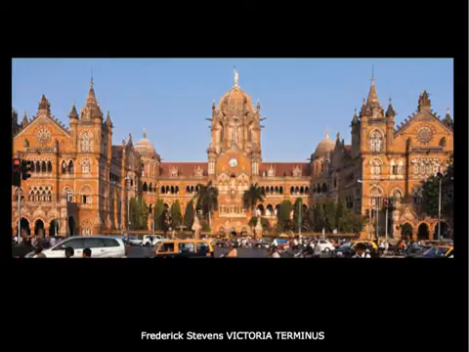Now, originally, there was an image of the Queen up on top, and that's been replaced. But they also had statues, I think these statues are still here, that represent progress, commerce, agriculture, and science. So it's meant to be a real statement of the power of the British influence upon India.